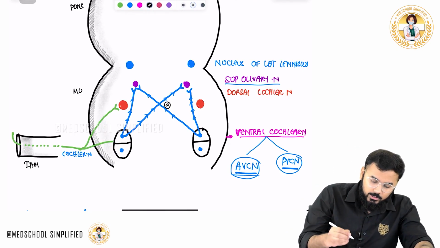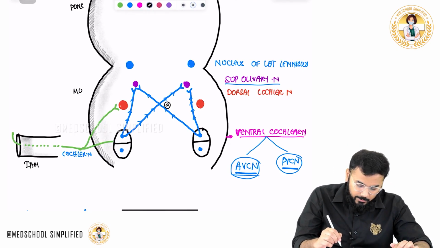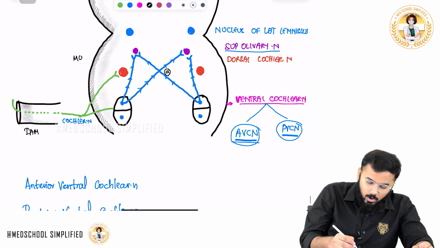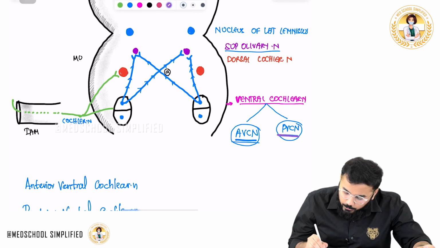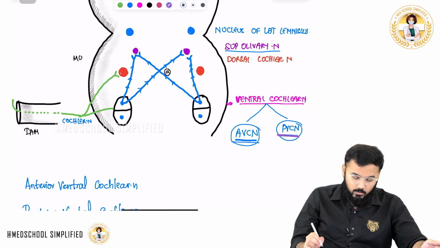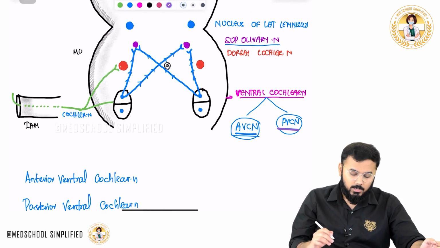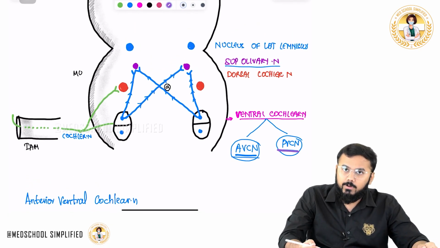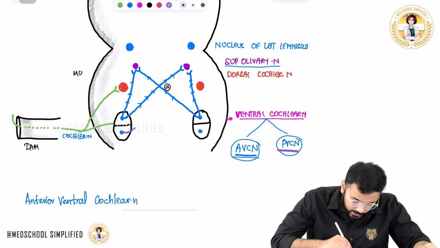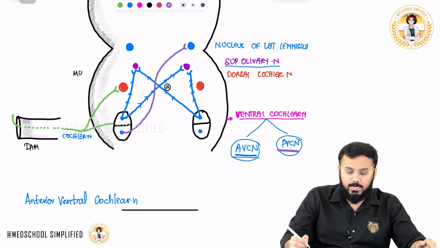Okay. Now next group of fibers. Let me draw with another color over here. Now the next group of fibers start from the posterior ventral cochlear nucleus. Fibers from the posterior ventral cochlear nucleus run all the way up and activate your nucleus of lateral lemniscus.